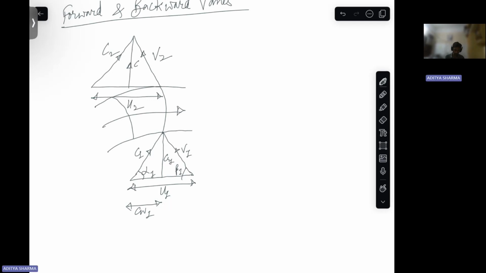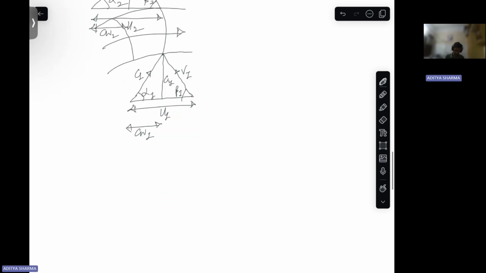And if you split your C2, this basically is W2, then beta 2 and alpha 2. So here, if you see, beta 2 is less than 90 degrees.